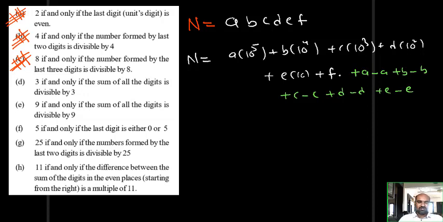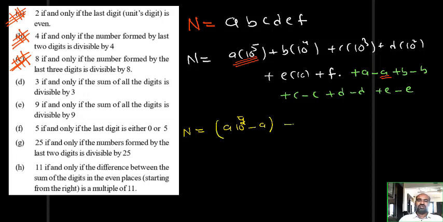Okay students, listen. Now what I am doing, I am grouping this with minus A. I will write here n equal to A into 10 power 5 minus A grouped.